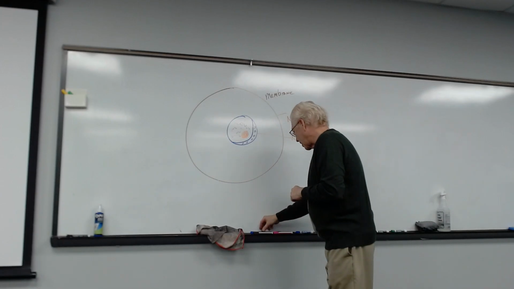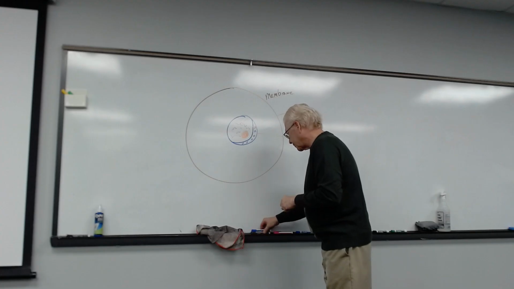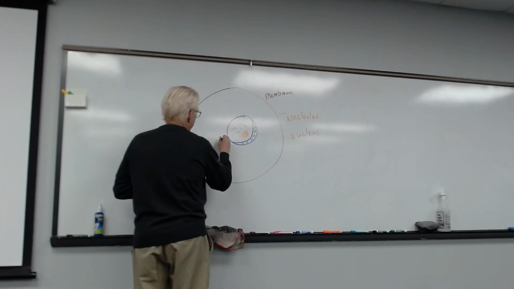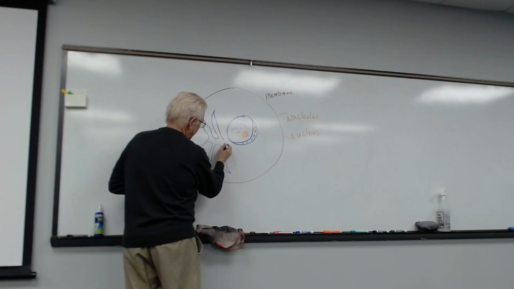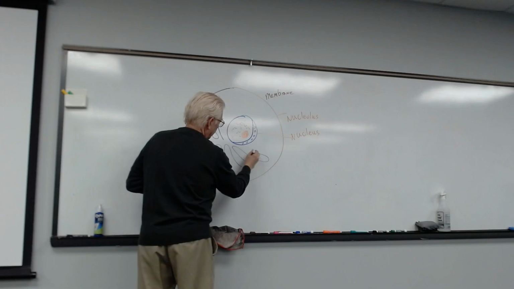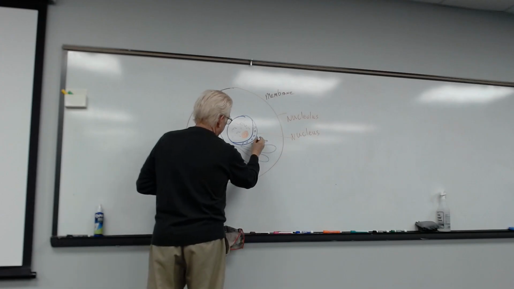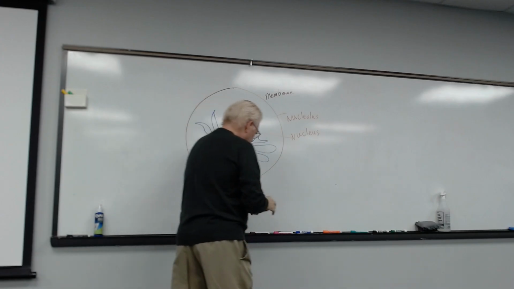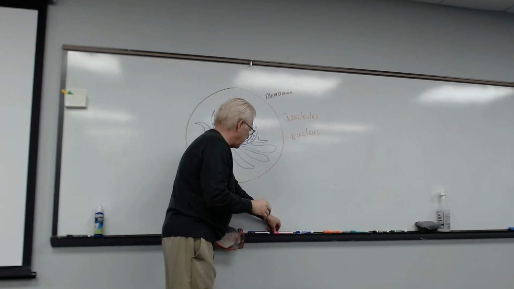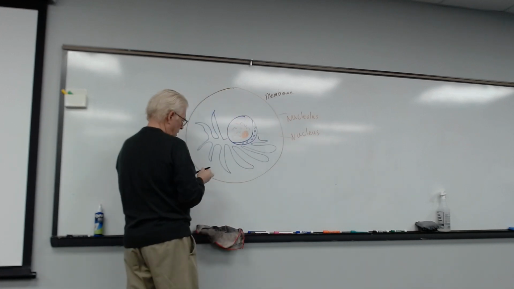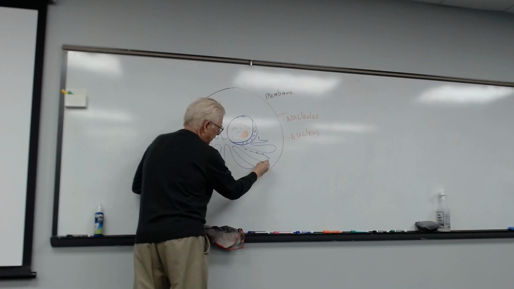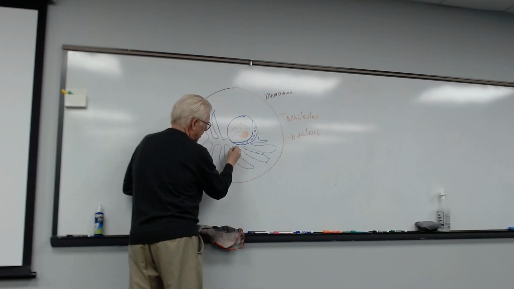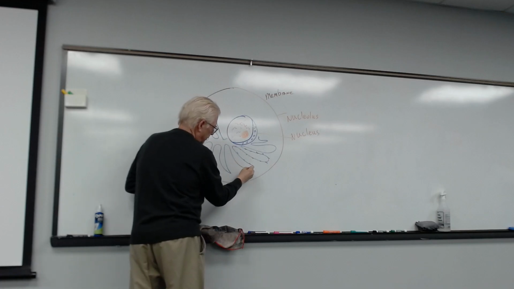So, looking good so far? All right, next thing. We have these membranes that seem to radiate out from the nuclear area. And on the surface of this, we have some ribosomes. That's these little dots here, okay? Those are the ribosomes.